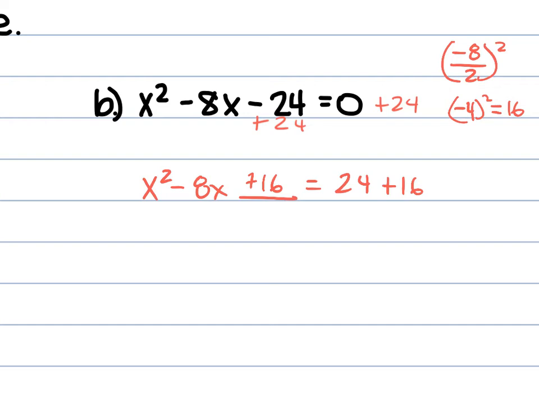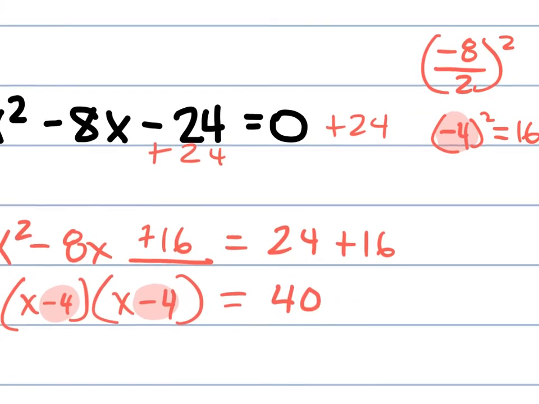And then we factor, which is x minus 4, x minus 4, on both sides. By the way, if you haven't caught on to this pattern yet, I haven't pointed this out yet, but it's a good time. If you're ever having a difficult time factoring it, every single time, it's right there, highlighted in red.